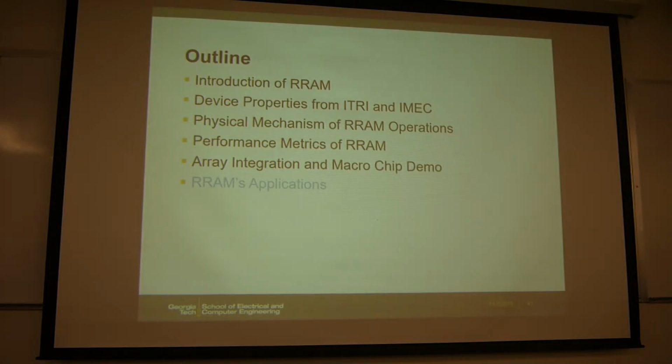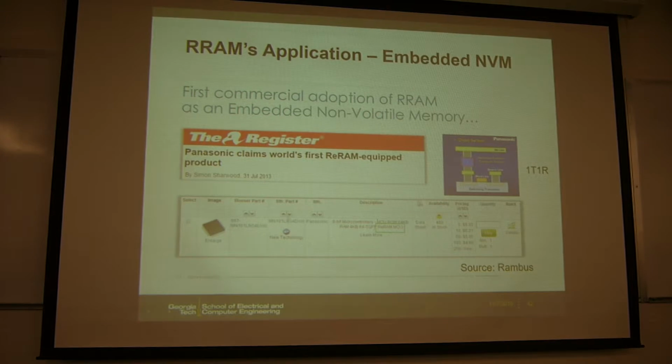Okay, so let's talk about the applications. We have discussed the storage class memory. So if we keep making the gigabit level chips, like the SanDisk or the Micron chips, then it may be suitable for the storage class memory, similarly to the 3D XPoint.